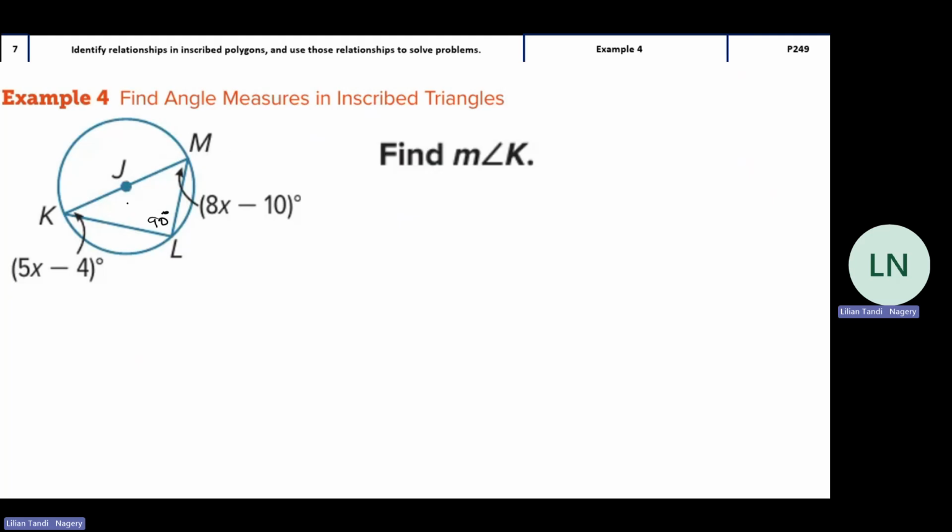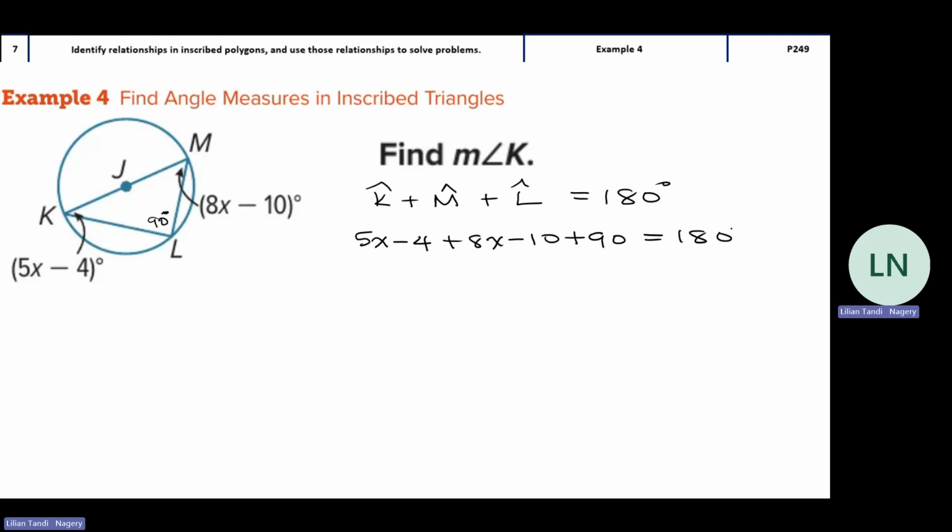So then you also know you have a triangle. Angles in a triangle must add up to 180 degrees. So angle K plus angle M plus angle L should give you 180 degrees. So 5x minus 4 plus 8x minus 10 plus 90 should give me 180 degrees.